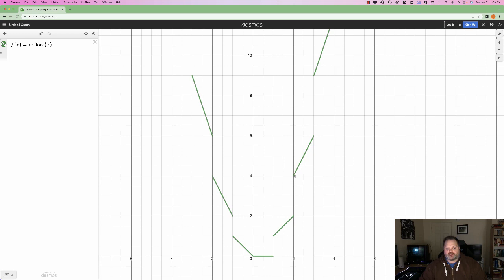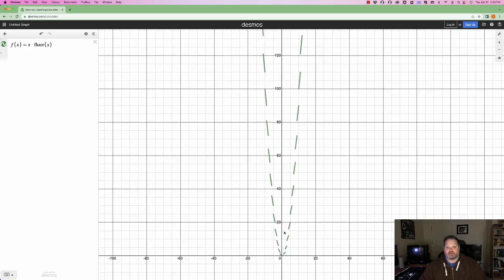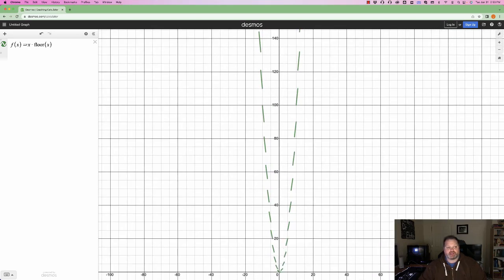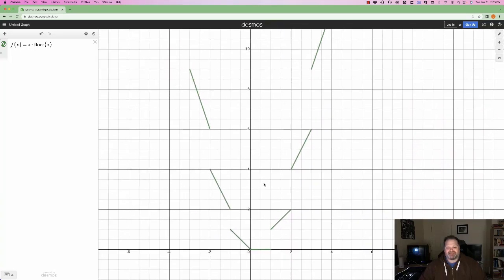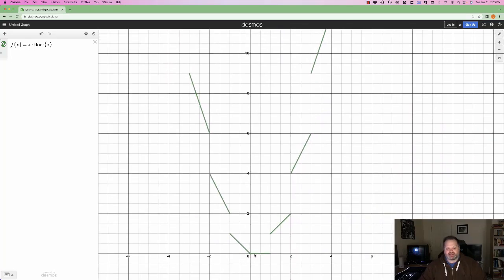In fact, there are jumps at every integer. So you can see there's a jump at 1, there's a jump at 2, there's a jump at 3, and it just keeps going. It kind of looks like a parabola. It kind of looks like x times x, but because of the rounding down, it creates these jumps. There's a jump at every single integer except at 0.